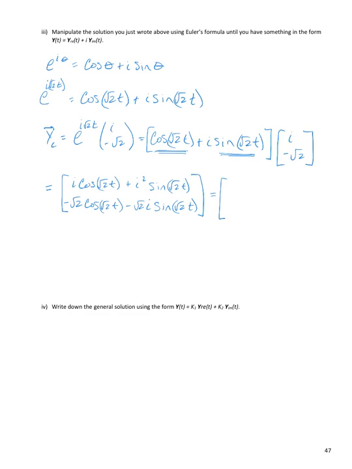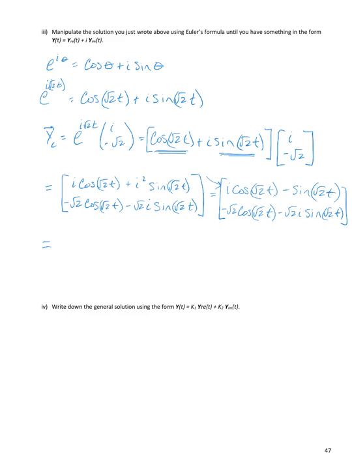So I'm going to have i cosine root 2t minus sine root 2t. And then on the bottom, I've got negative root 2 cosine root 2t minus root 2i sine root 2t. All right, now I'm just going to change the order of the addition in the first entry.